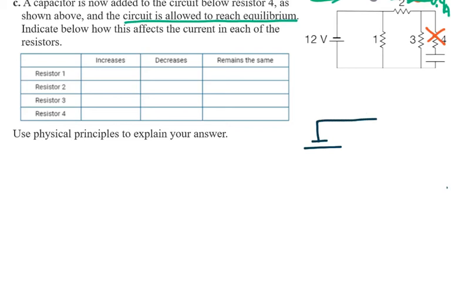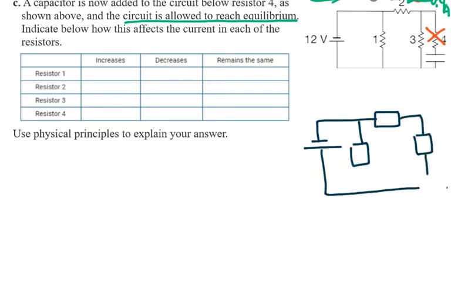So I have resistor 2, resistor 1, and I have resistor 3. It looks like 2 and 3 are now in series. You still have this dot and this dot, or node and node, and you still have those gray ones as well.